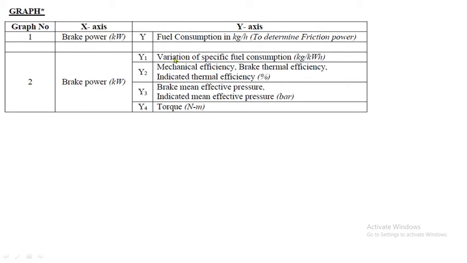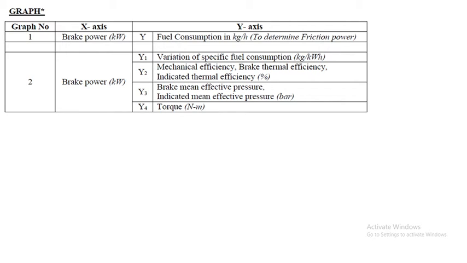Y1 is the variation of specific fuel consumption, and you may combine and make it as two graphs. For efficiency, one separate graph; the remaining you may follow in another graph. Variation of specific fuel consumption, brake mean effective pressure, indicated mean effective pressure, torque may be drawn on a single graph with three y-axes, and draw a separate graph for these three efficiencies: mechanical efficiency, brake thermal efficiency, indicated thermal efficiency.